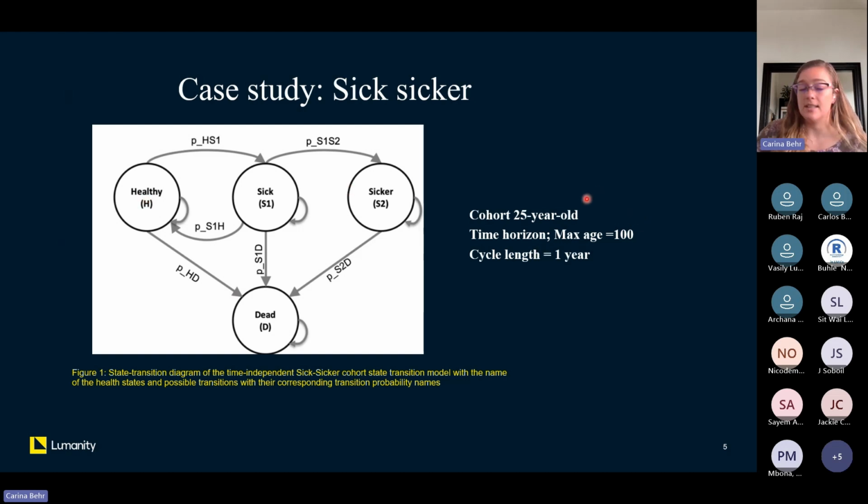The cohort in this example is very young, a 25-year-old group, and the time horizon is up to a maximum age of 100 years, so a 75-year time horizon, and we have a cycle length of 1 year.